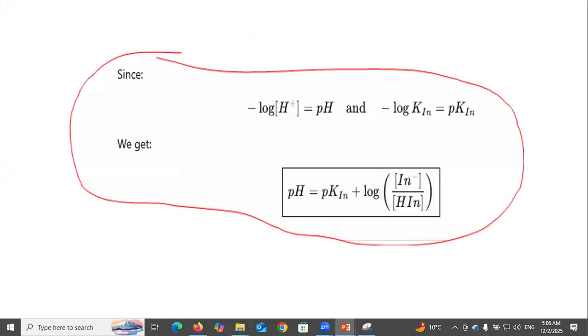Minus log [H+] is pH and minus log K In is pK In. So we can write pH equals pK In plus log [In-] over [HIn].